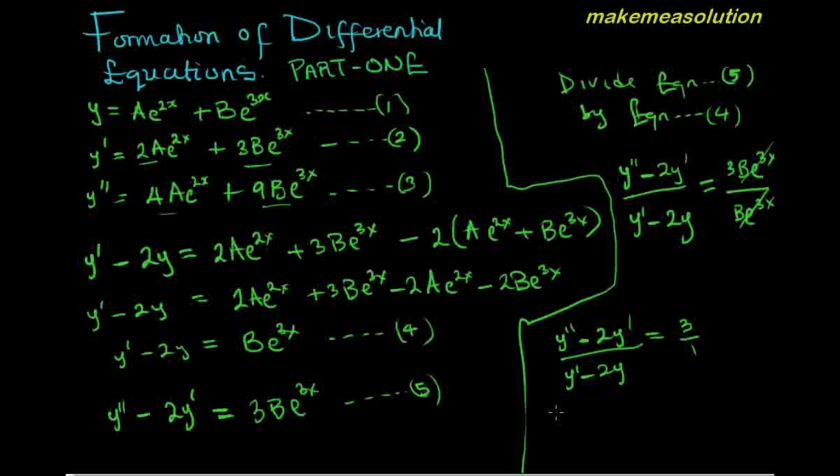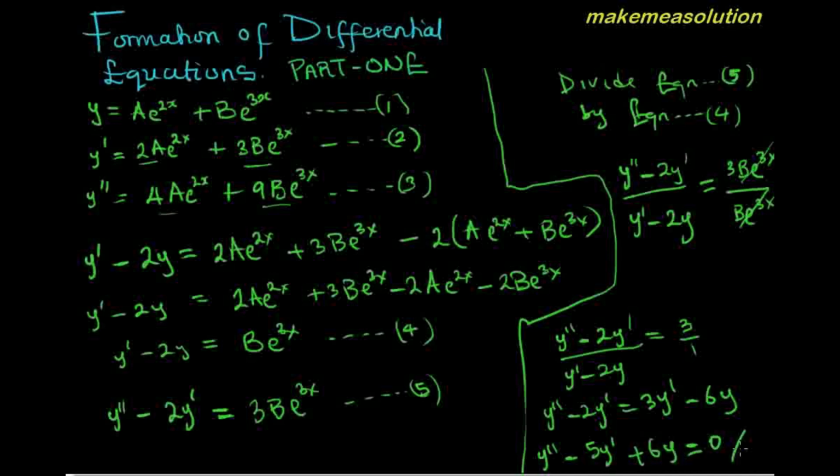So when you cross multiply, I'm going to have y prime prime minus 2y prime is equal to 3y prime minus 6y. Okay, when you cross multiply, and when you rearrange, you have y prime prime minus 5y prime plus 6y is equal to 0.